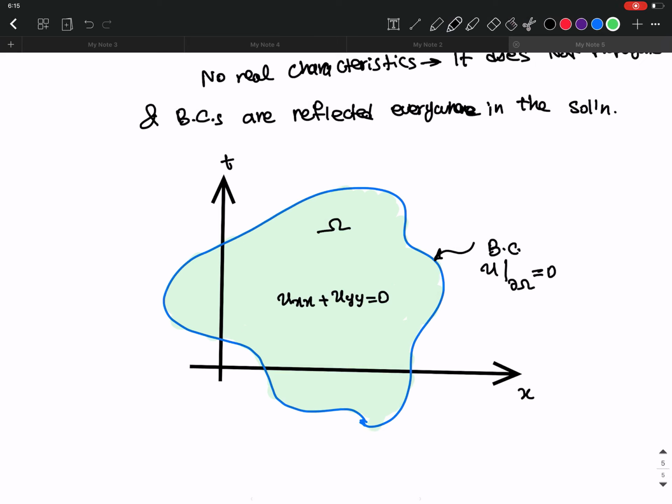So as you see, this problem does not depend on initial condition, and this is therefore a pure boundary value problem. Unlike the other ones, this is only a pure boundary value problem, or BVP.